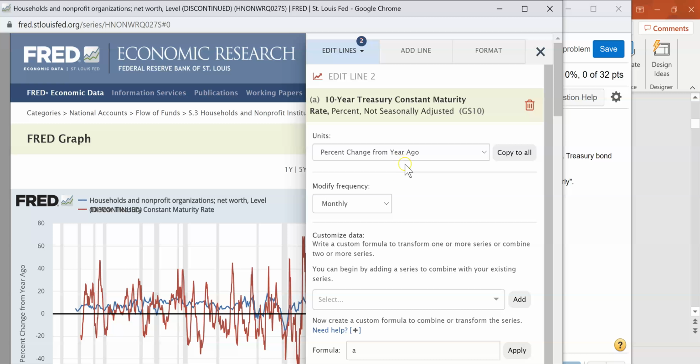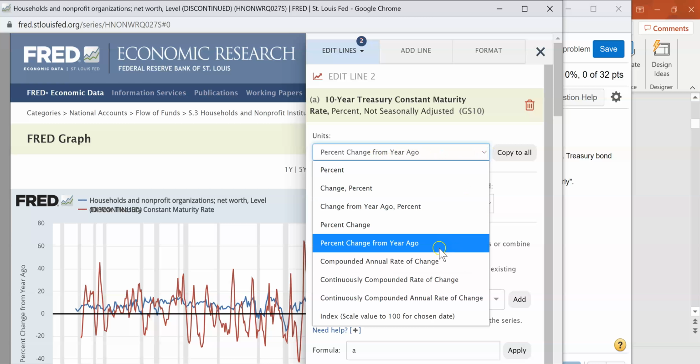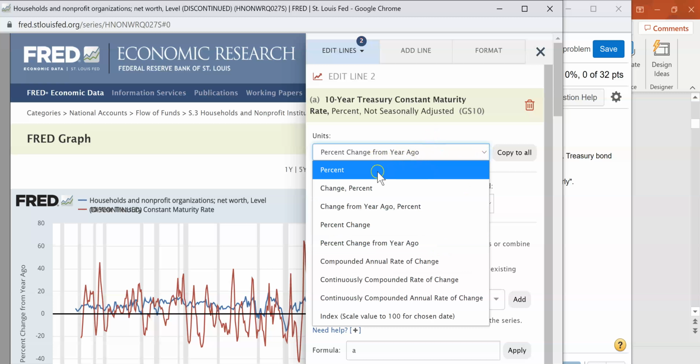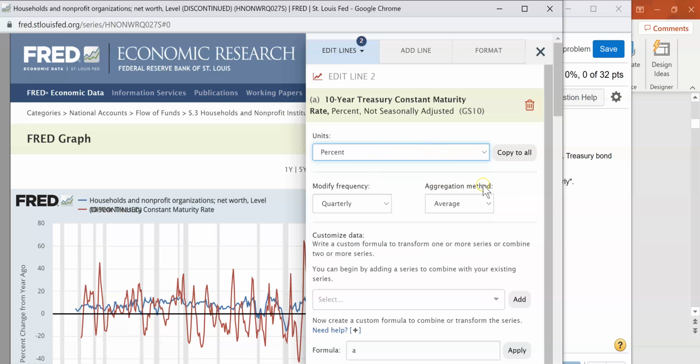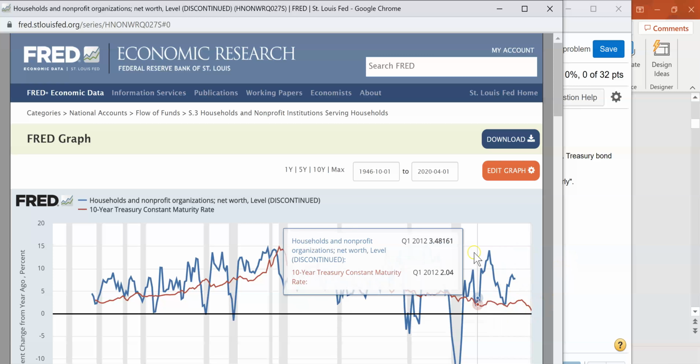And then we make the changes according to the setup: modify the frequency to be quarterly. But here we don't need the percent change from a year ago, we just need the level. Since this is the yield, the level should be in percent. So that's basically what this should look like.